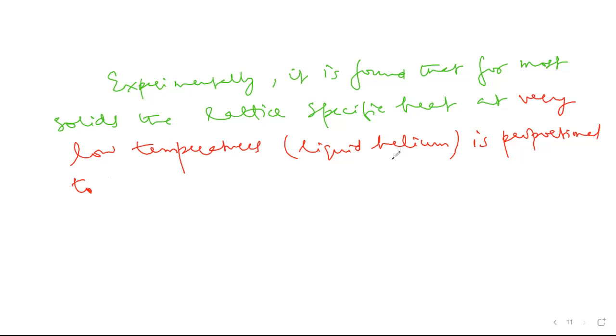When I say liquid helium, it means those low temperatures at which liquid helium exists, that means at very low temperatures. That specific heat of most solids is proportional to T cube.